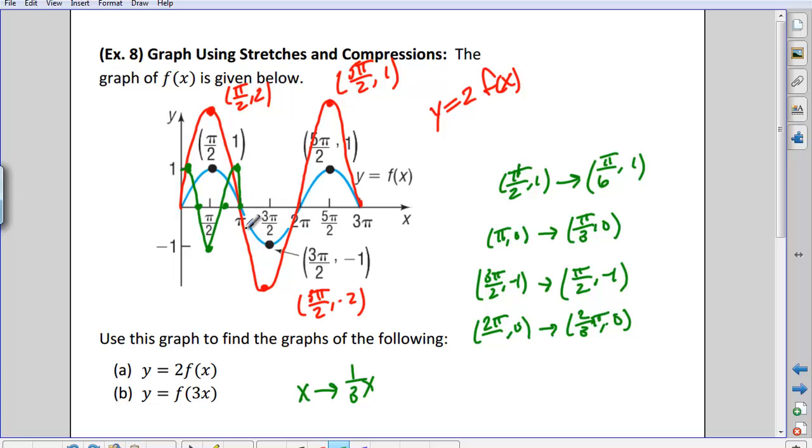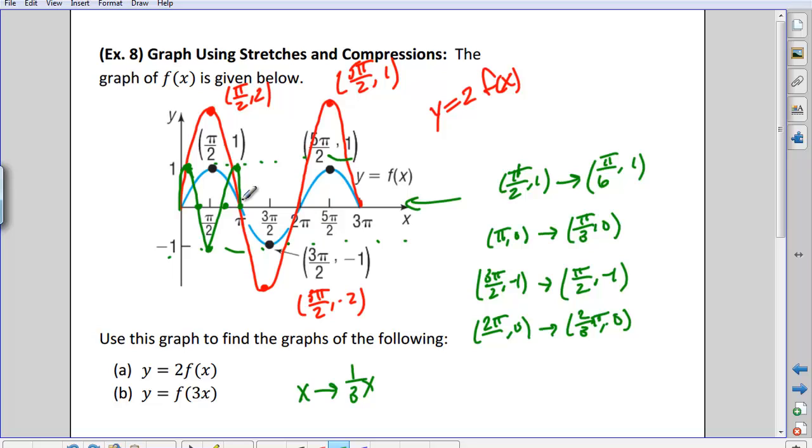And so that's my new graph. Notice it's been squished down horizontally. Vertically, it's still the same height as the original blue graph, but it's been squished this way, where that whole up, down, up is just all right here.